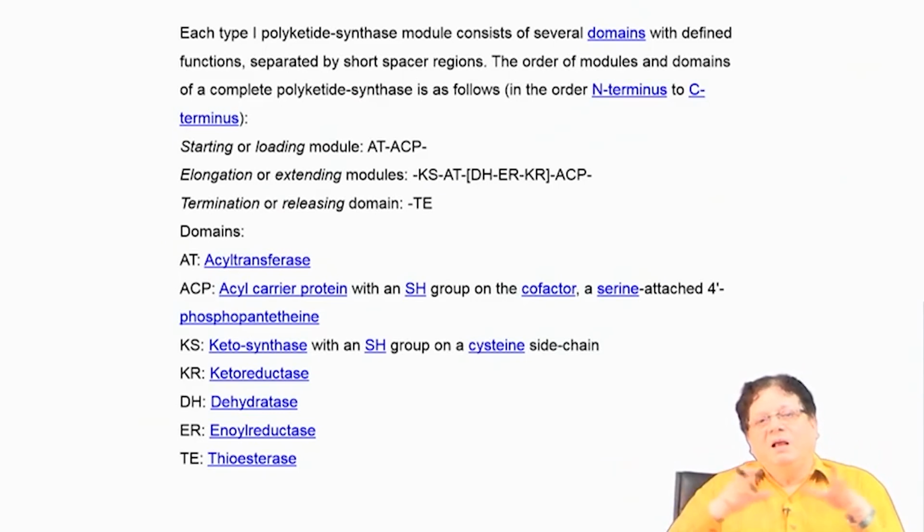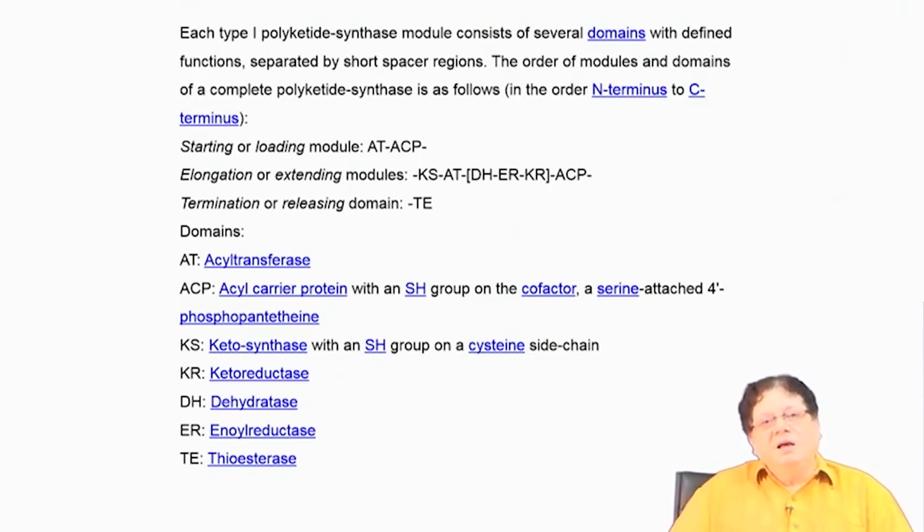Basically, it is like the different compartments of a train. Each compartment is a module, and each seat inside the compartment is the domain, where you sit. So, in polyketide synthase 1, you have this modular system, one particular enzyme, a big protein, a multifunctional enzyme, and then you have different modules, each module has different domains.